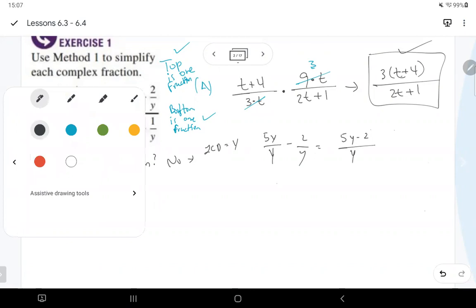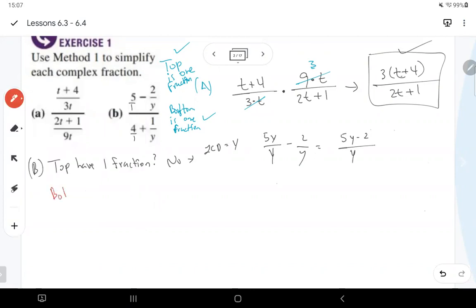Same question for the bottom, and it's got the same basic answer.